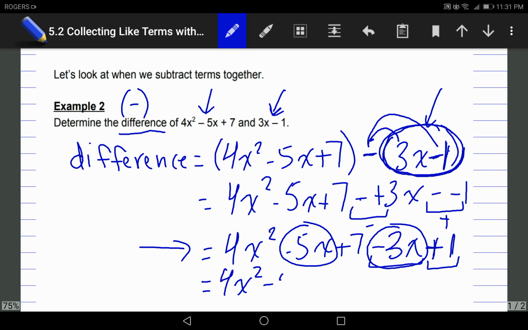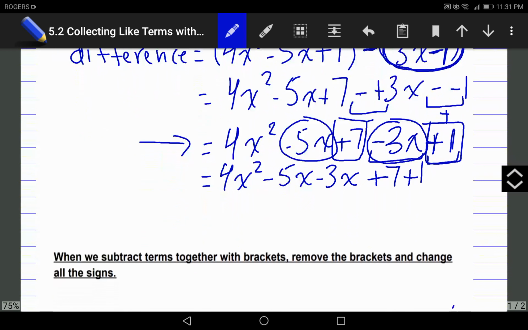So I'm going to write that first. Okay, and then there is a plus 7 plus 1. Remember, always use the sign that's in front of the number. Okay, so the plus 1, it's not a minus 1, it's a plus 1 there.